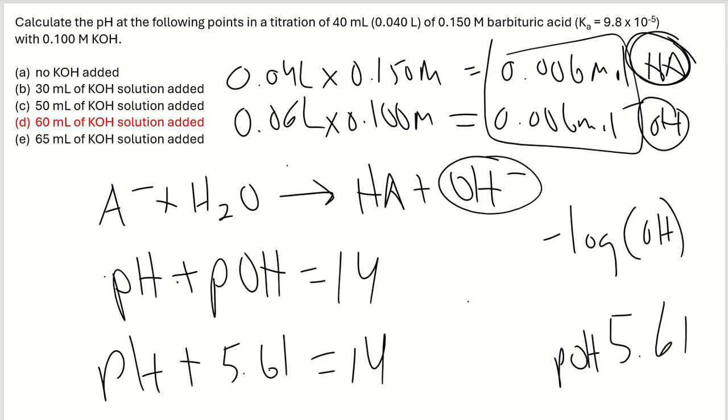We just do the subtraction to get pH equals 8.39. And this makes sense because it's greater than 7. When we start with a weak acid and titrate it with a strong base, at the equivalence point, we would expect the solution to be basic, greater than 7. If you started with a weak base and added a strong acid, it would be less than 7.